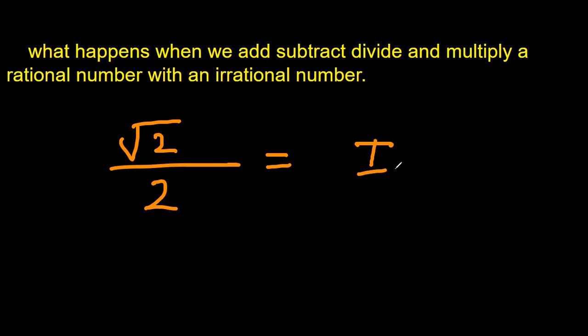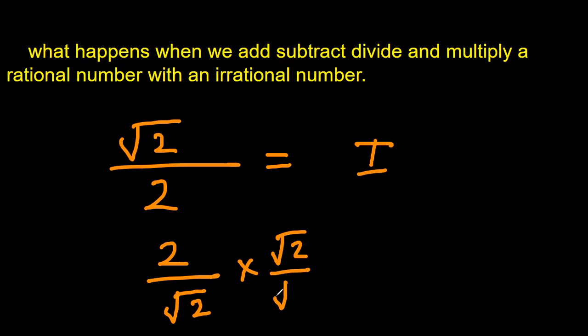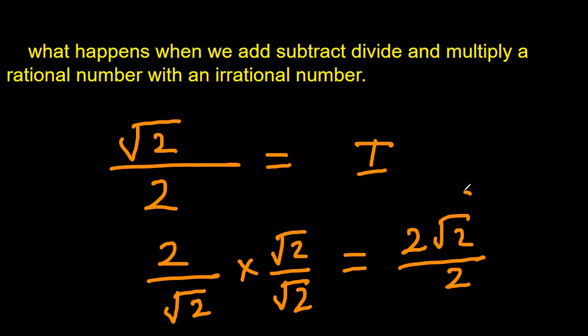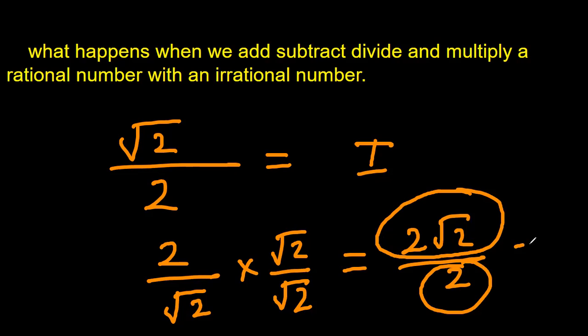So that is also an irrational number. Now, what if we divide a rational number, say 2 by root 2? Again, you can rationalize the denominator, multiplying by root 2 by root 2. That will become 2 root 2 divided by 2. Again, an irrational number divided by a rational number. So you are getting an irrational number again.